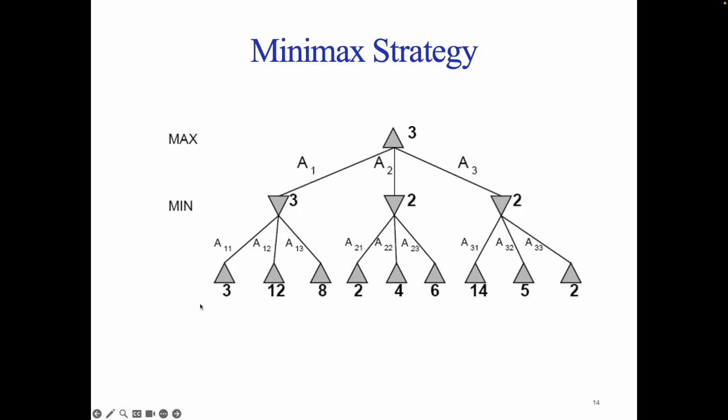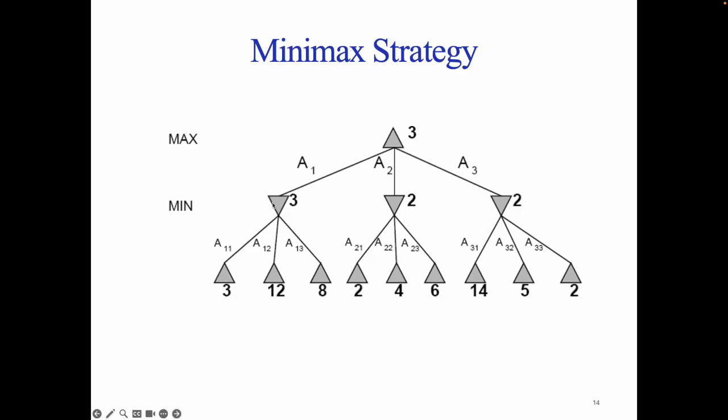That is similar to what we had in depth first search. Now you reach here, you have 3, and then 3 is returned to this node, because so far 3 is the minimum, right? Min here is trying to get the minimum value. The only value we have so far is from A11, which is 3, so 3 is returned here.